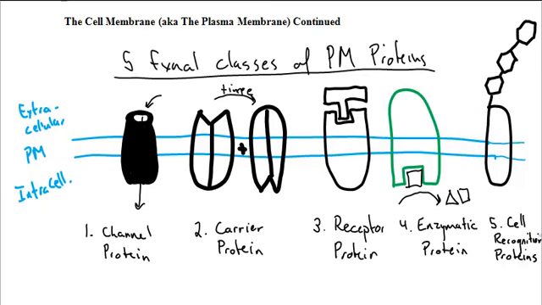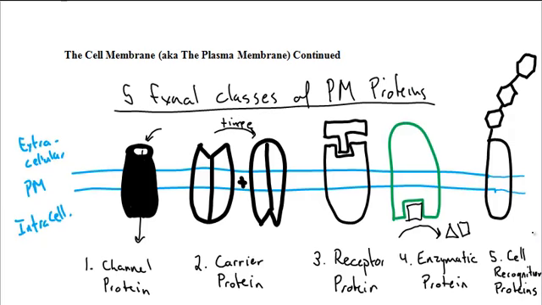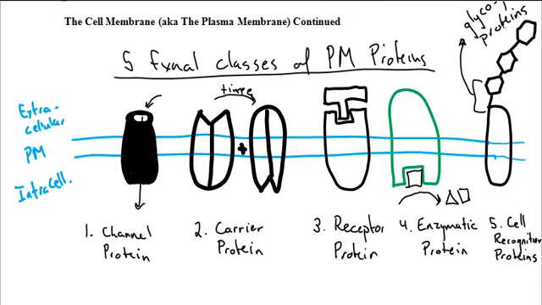Because they have a carbohydrate chain, we also call them glycosylated proteins. Not all glycosylated proteins are cell recognition proteins, but most cell recognition proteins are glycosylated.